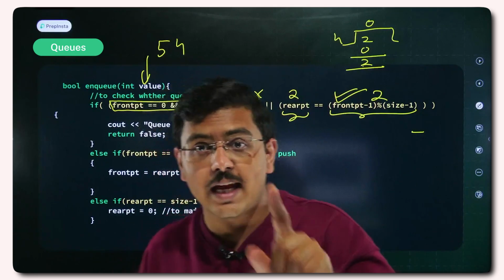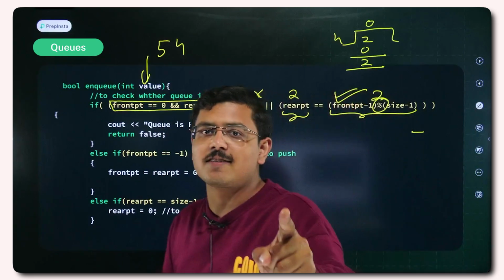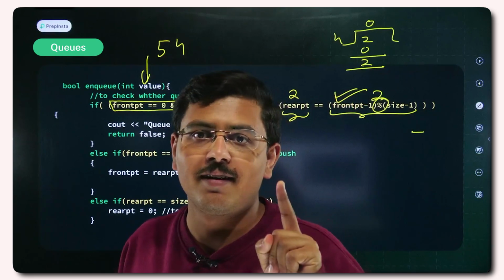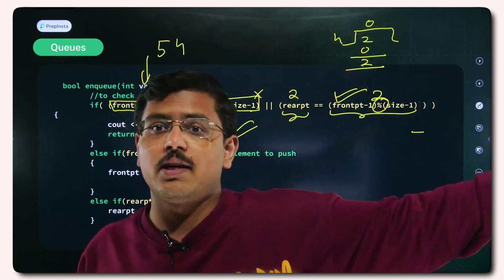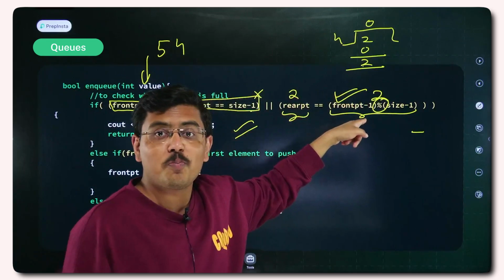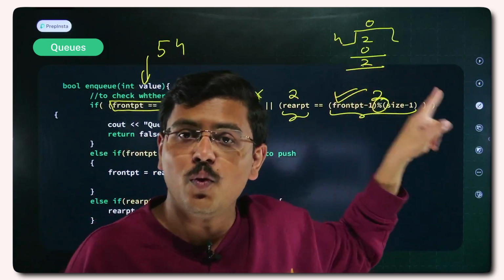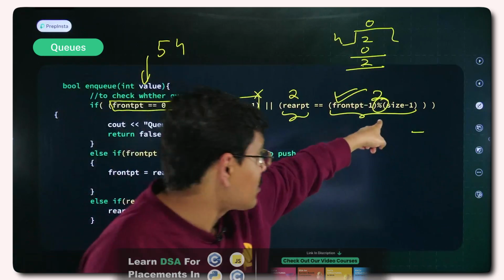And that is why I was telling you, wherever you see the percentage symbol, remember it is a circular queue being implemented. Recall the limitations video, and if you haven't watched it, go and watch it. In that video I had specifically told you the percentage symbol is used in circular queues. I'll show you the usage of it. So this is the usage of it.